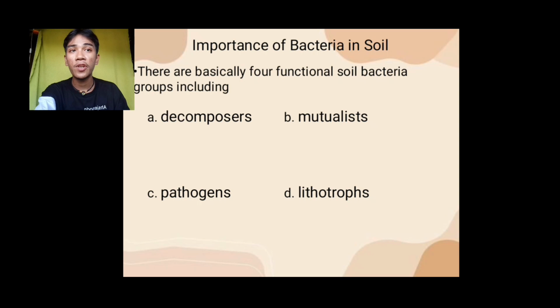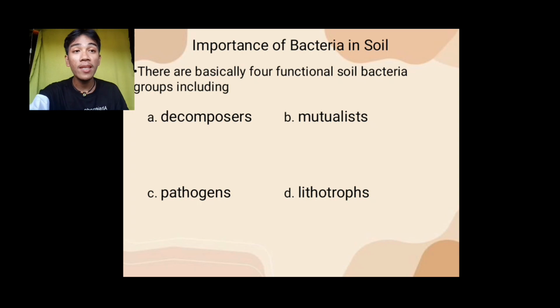So, importance of bacteria in soil. There are basically 4 functional soil bacteria groups, including the decomposers, the mutualists, the pathogens, and the lithotrophs. And when we say decomposers, they feed on dead litter, okay?